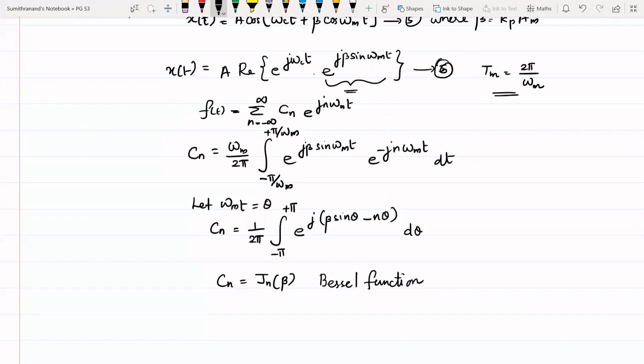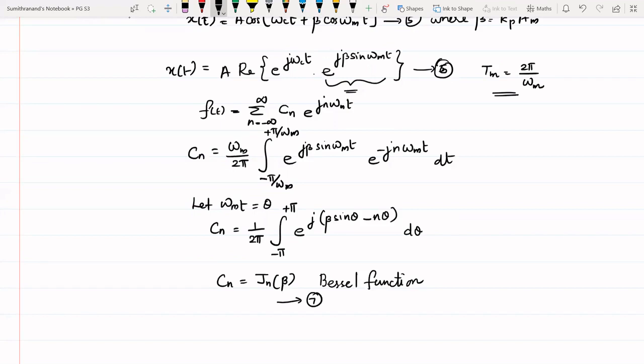So let this be equation number 7. And these values of this Bessel function for different values of beta are documented, and they are readily available in the form of tables, which I will show you later.